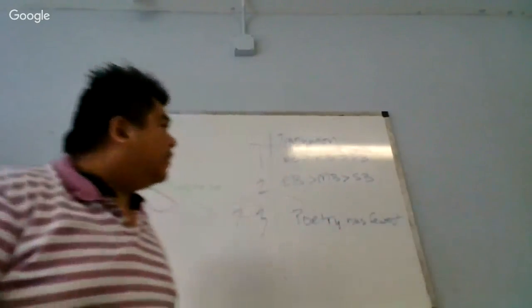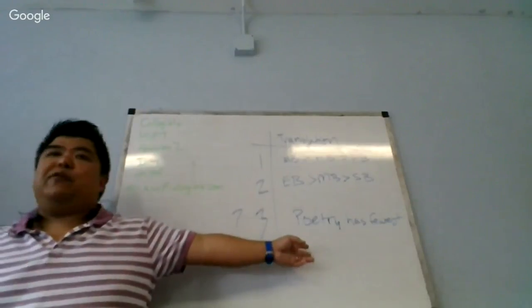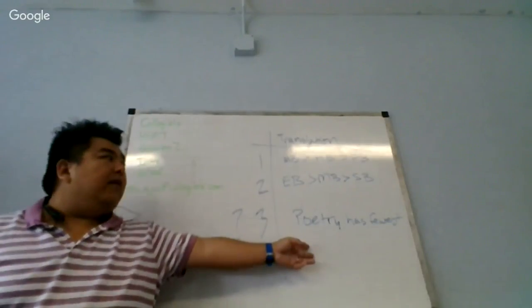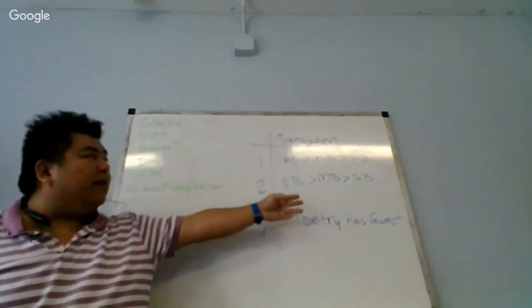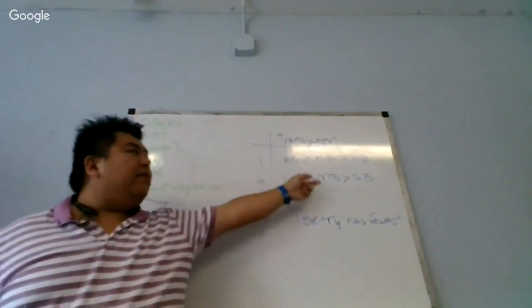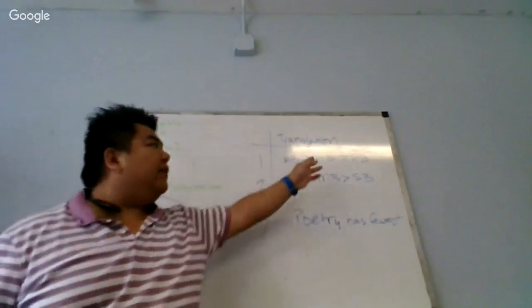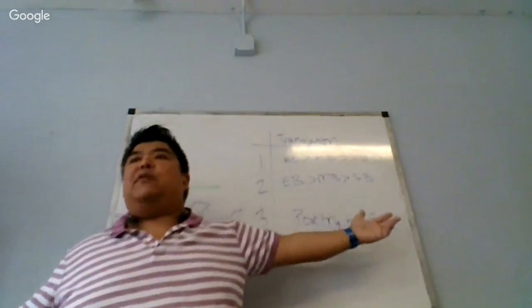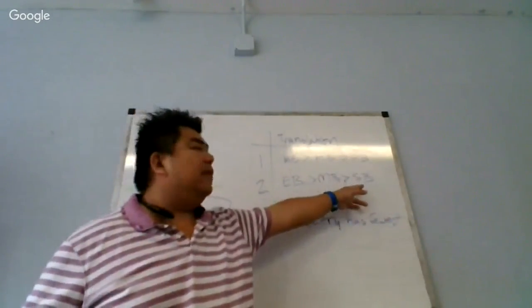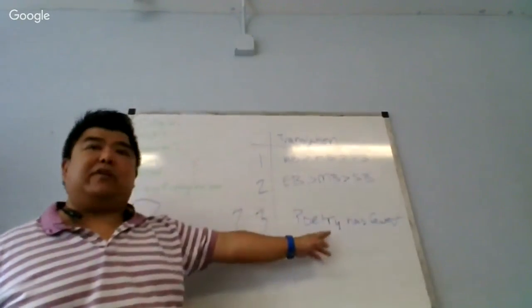It's uncertain because the question is asking, does the poetry have the fewest pages? So what Steven said is, we don't know anything about the science book. Both of them are less than the math book, but we don't know by how much. These 3 are less than the math, but there's no comparison between the science book and the poetry book. So we don't know if poetry is truly the least.